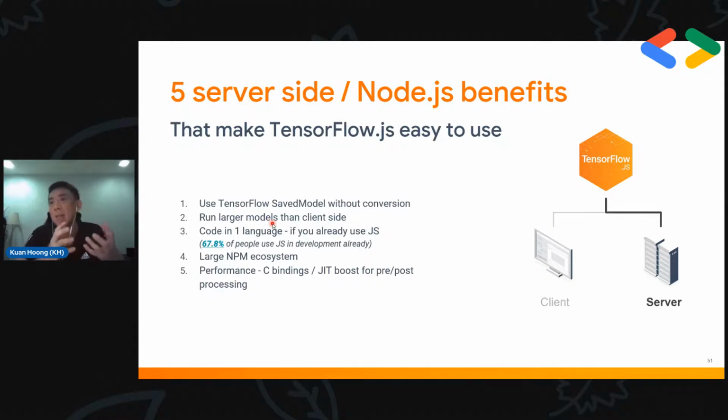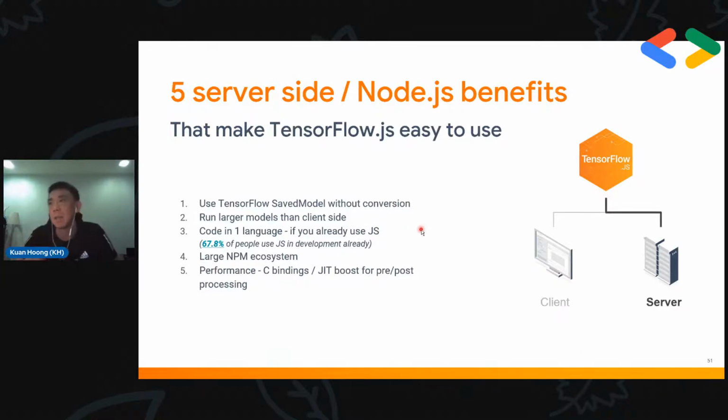So I cannot run a very large model. When I run on the server side, I can just run in one language. There's a better ecosystem, and I can have better performance because I can bind with C or any just-in-time processing.